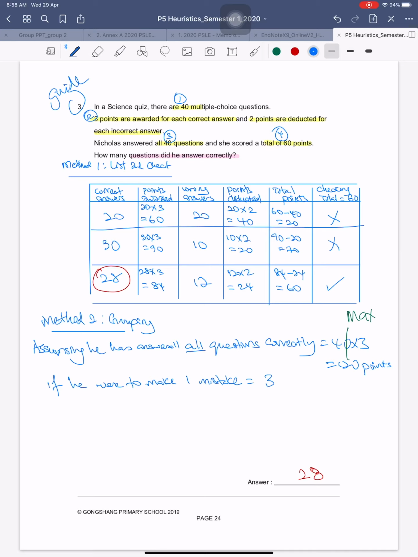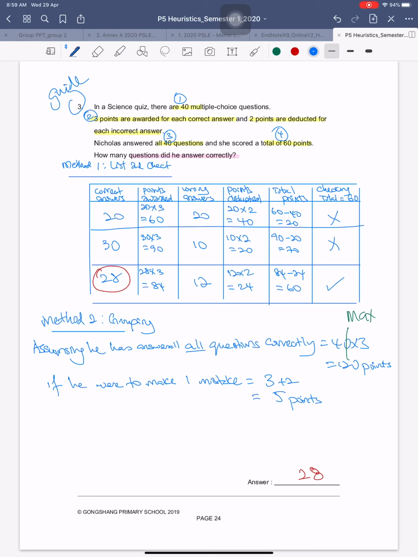If he gets question number 1 correct, he will get 3 points. Correct? But he got question 1 wrong. So not only will he miss out that 3 points, he will also get 2 points deducted. So in fact, he will lose 5 points.